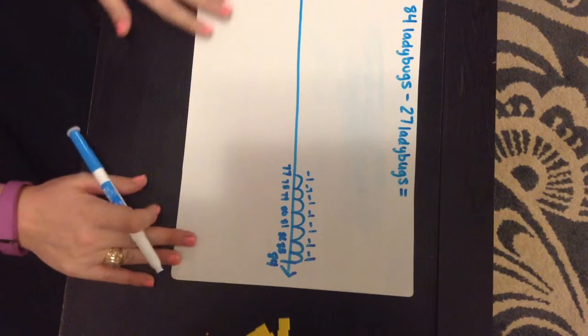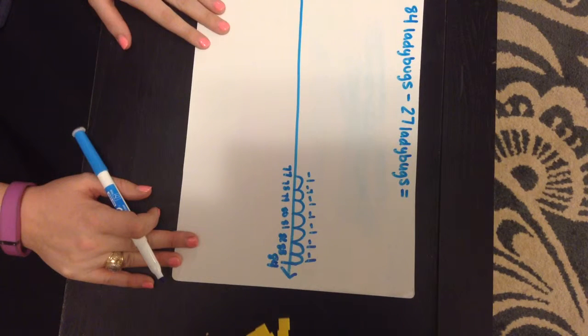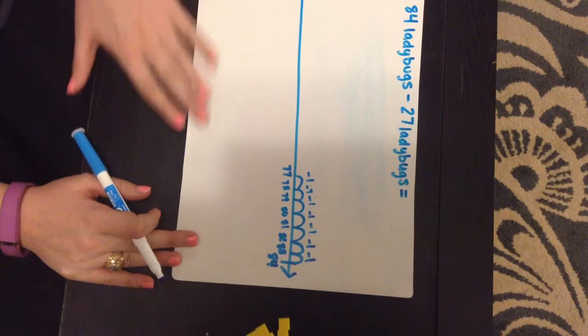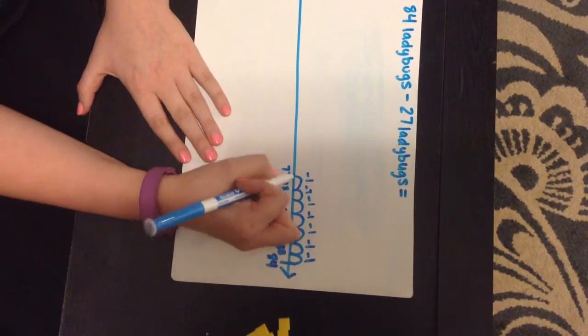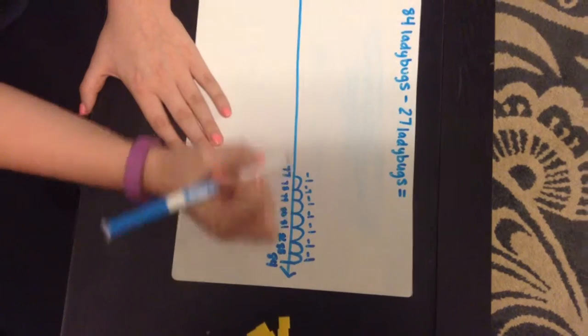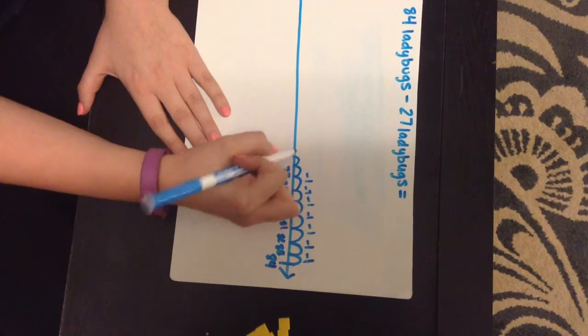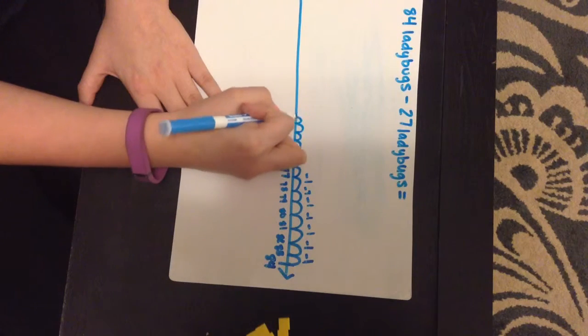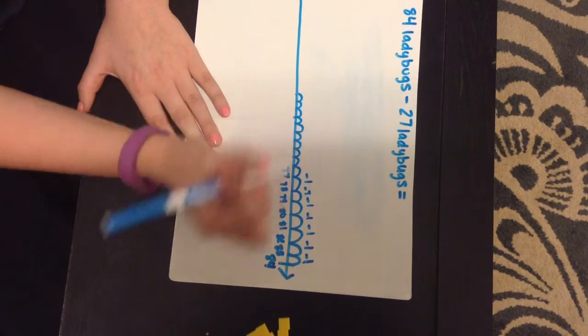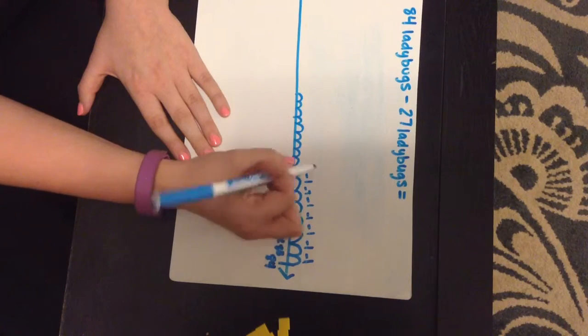So if we're at 77 ladybugs, we still need to subtract 20 ladybugs from 77. So there's a couple of ways that we can do this. We can write out and do 10 hops. 1, 2, 3, 4, 5, 6, 7, 8, 9, 10. Subtracting 1 each time.